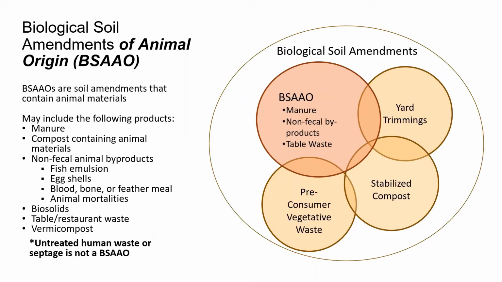If they're yard trimmings and stabilized compost, pre-consumer vegetative waste, they carry much less potential for foodborne illness. Those BASAL products could include manure, compost containing animal materials, these non-fecal animal byproducts listed here, biosolids, which is the treated sewage from municipal sewage product, table restaurant waste already mentioned, and vermicompost. And then specifically to note, untreated human waste or septage is not a BASAL.